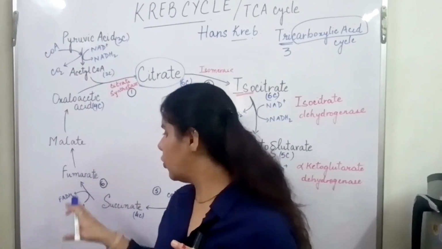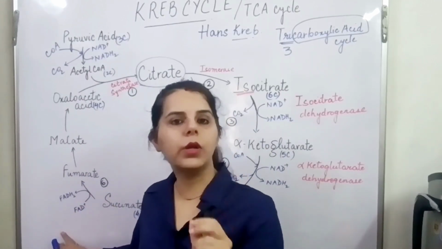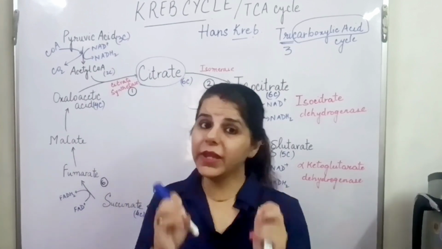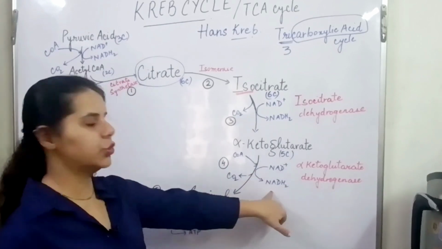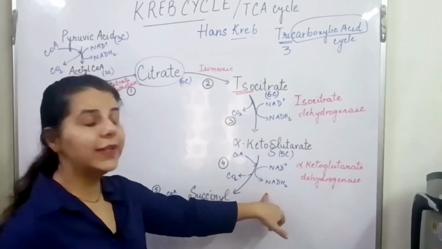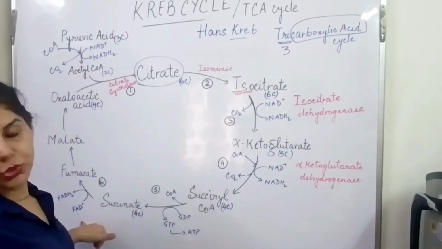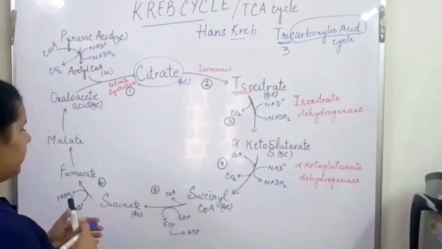But in case of FAD, when FAD is reduced to FADH2, it is worth only 2 molecules of ATP. So this is a very important thing to be kept in mind, that when NADH2 is being reduced, we will get 3 ATP molecules, but in case of FADH2, we will get only 2 ATP molecules.